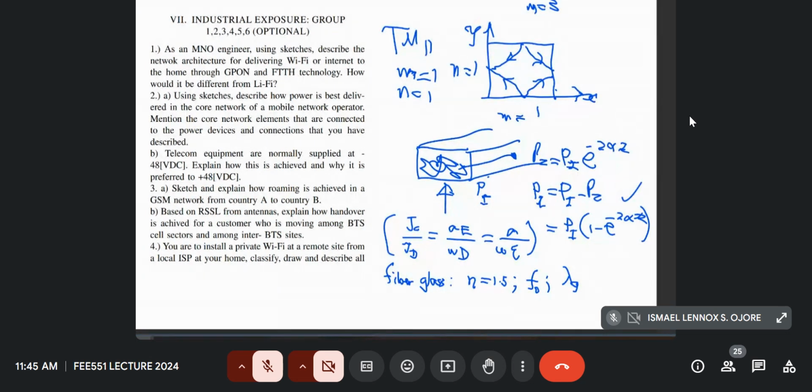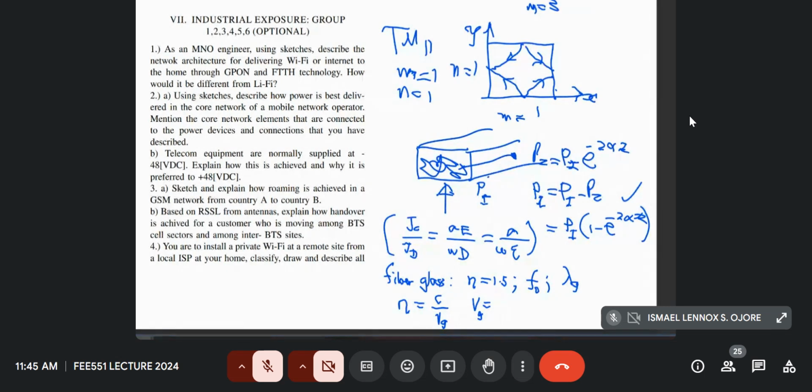So we can compute the speed of this wave in this glass. We can define the refractive index as the speed in free space over V in the glass.